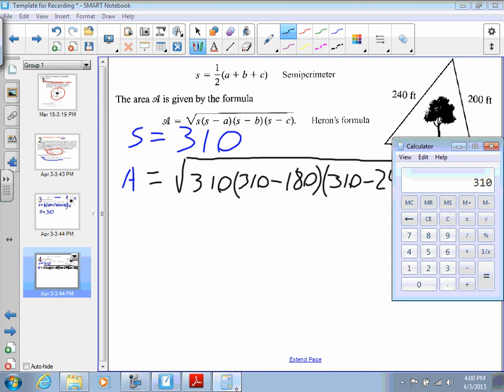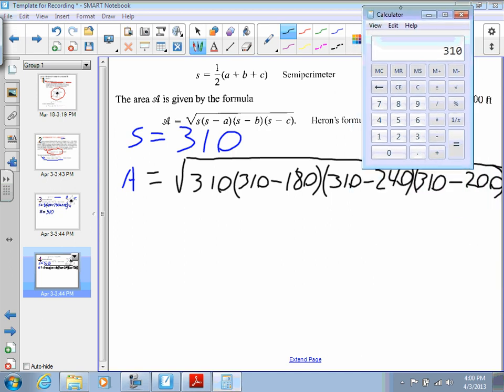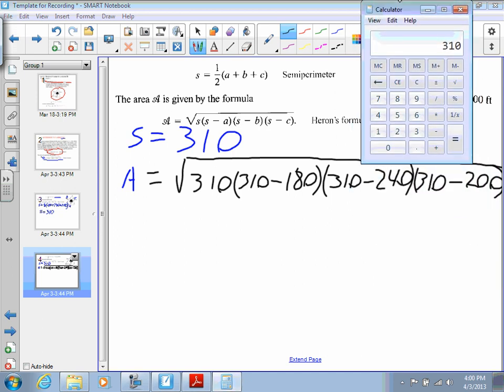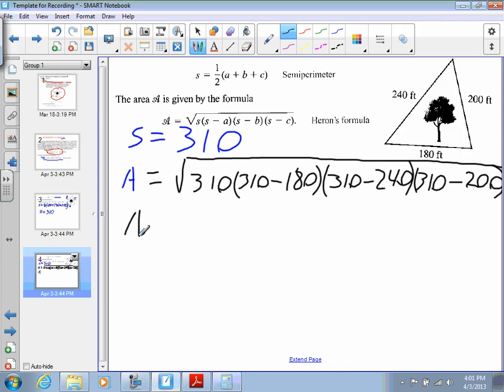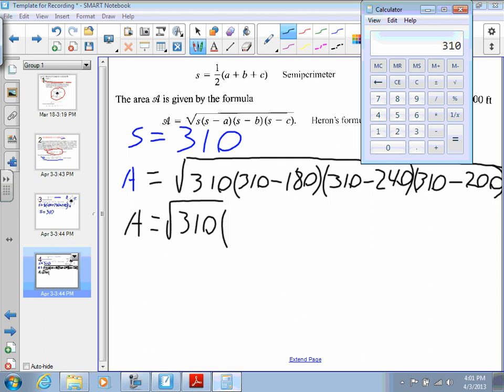Okay. So now, again, as we can use a calculator, why not? And I'm going to move it up here where it's not in the way, hopefully. So now we have area equals the square root of 310 times, and let's go ahead and simplify these. So 310 minus 180 equals 130.